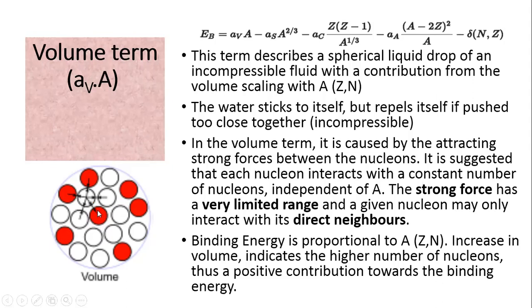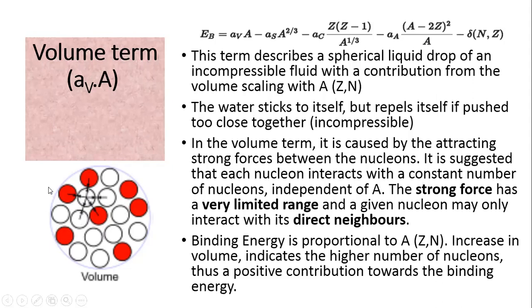So this proton or this neutron has a fixed number of interactions within the nucleus, so it is independent of the mass number. Why? Because if you increase the volume, these interactions are not going to change. This will remain constant.